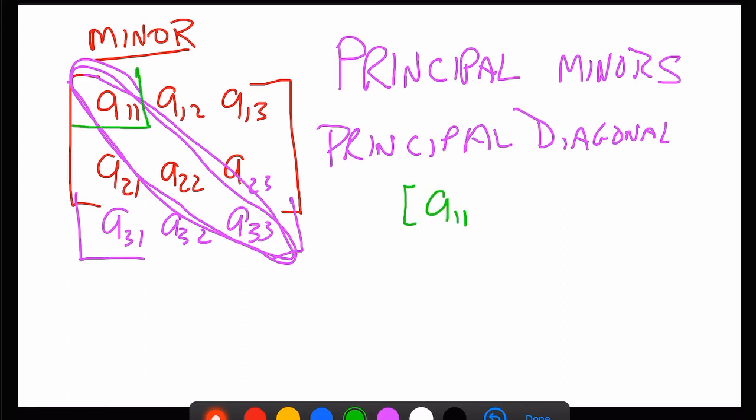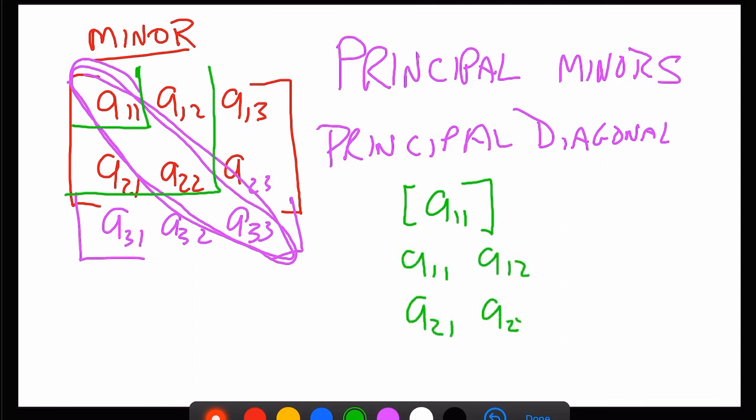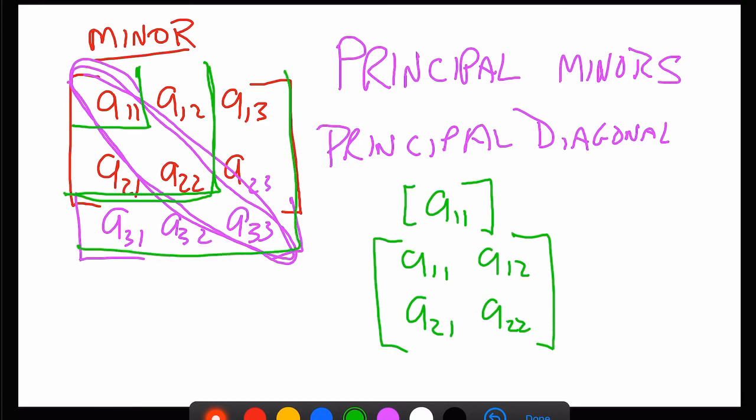So A11 is a minor built on the principal diagonal. A11, A12, A21, and A22 is a minor built on the principal diagonal. And then the whole thing is actually a minor built on the principal diagonal. Is that exciting? It's pretty exciting, yes?